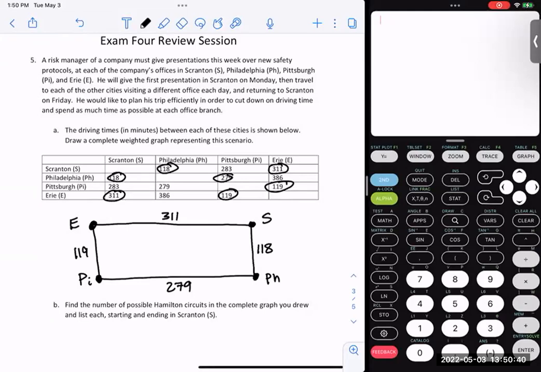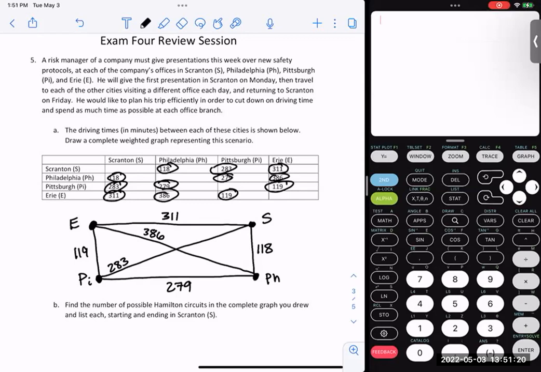And then I'm going to need Pittsburgh to Scranton. That one is 283. And Erie to Philadelphia is 386. I got them all here. All right, so that's my complete weighted graph.